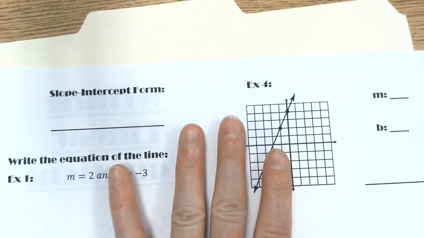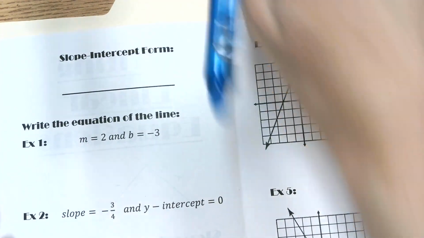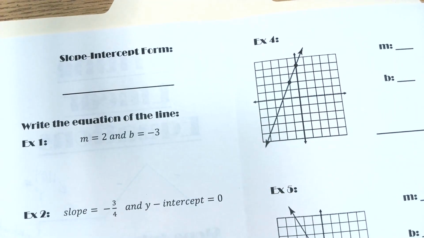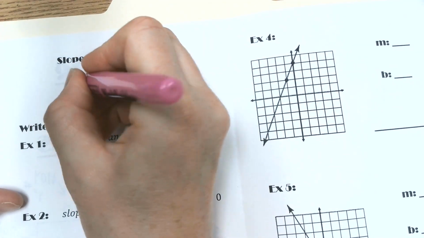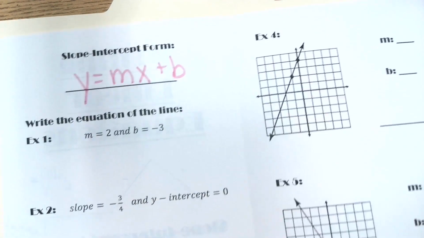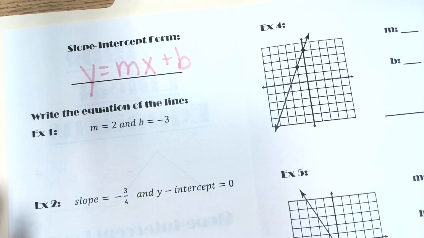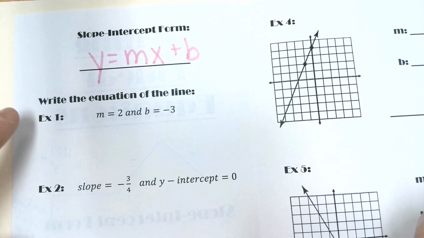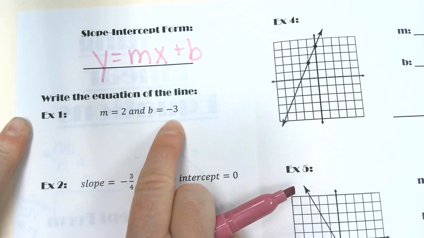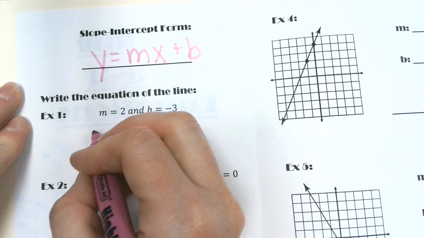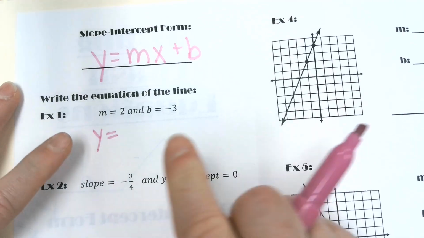Okay, so let's go ahead and open up our notes. Let's again write down slope-intercept form. Y equals mx plus b. Example 1, it gives us m and the b, and we're asked to write the equation. So it would be y equals 2x.